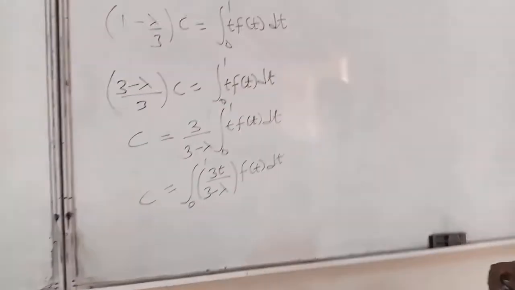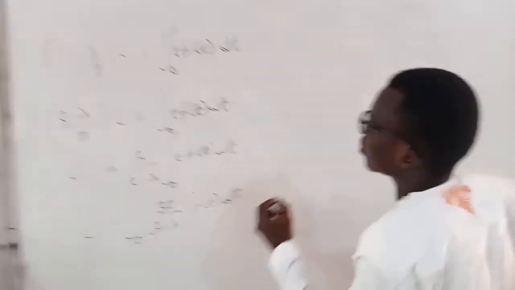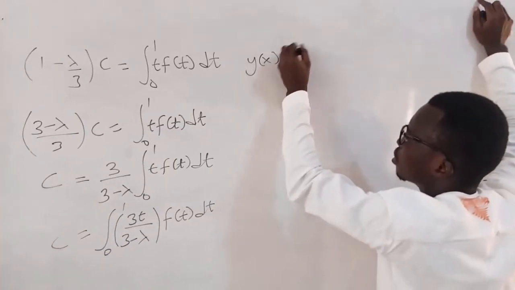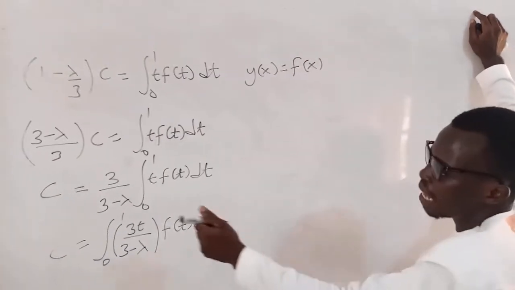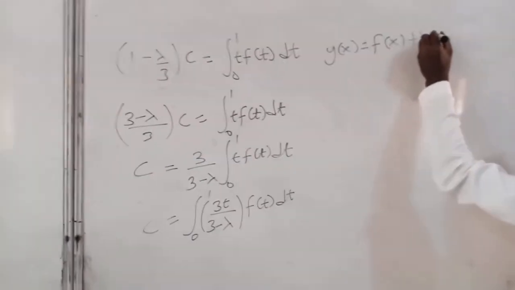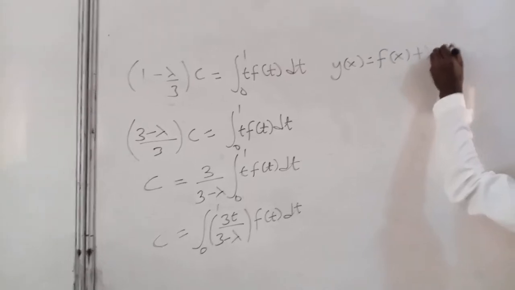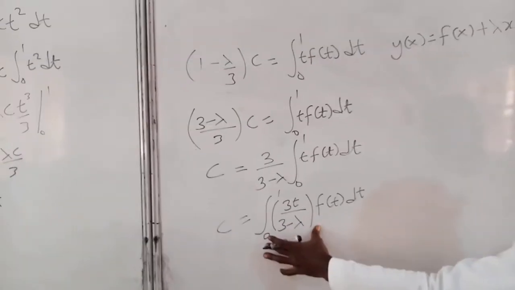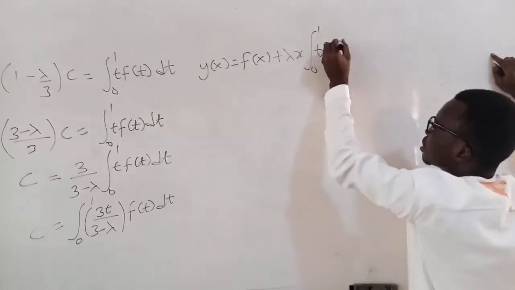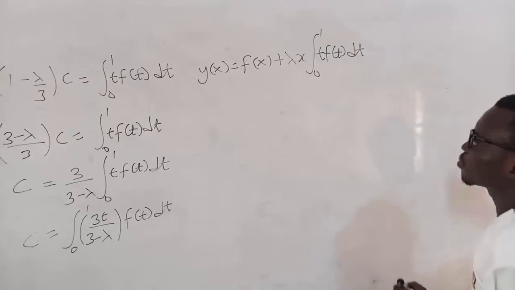So y of s becomes f of s plus lambda s, then c, which is this integral from 0 to 1 of t f of t dt.